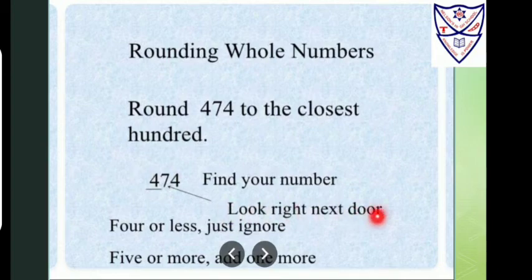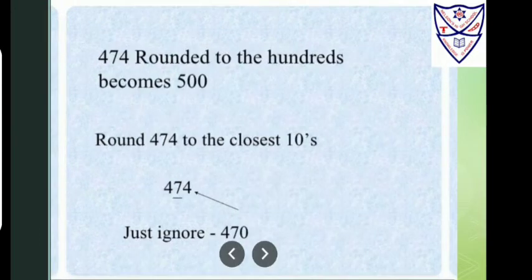Look right next door. On the right side, which number is this? 7. 4 or less, just ignore. Is it 4 or less there? No, it is 7. So 5 or more, add 1 more. It is more than 5, so we will add 1 more. So 474 rounded to the hundreds becomes 500.